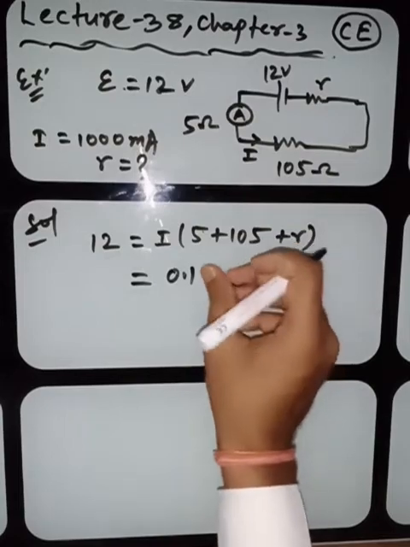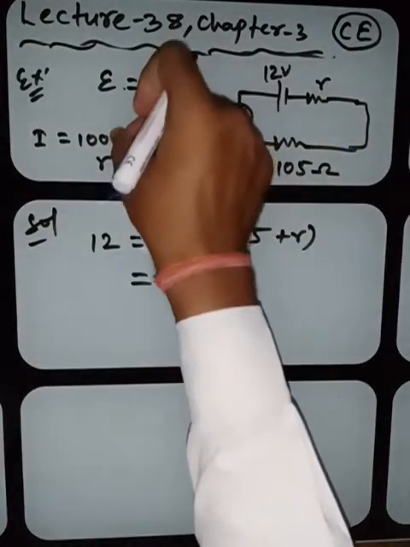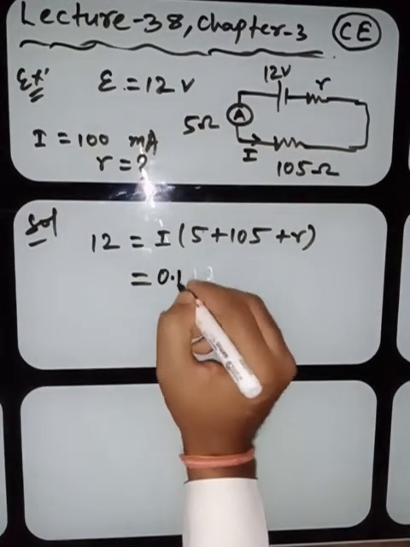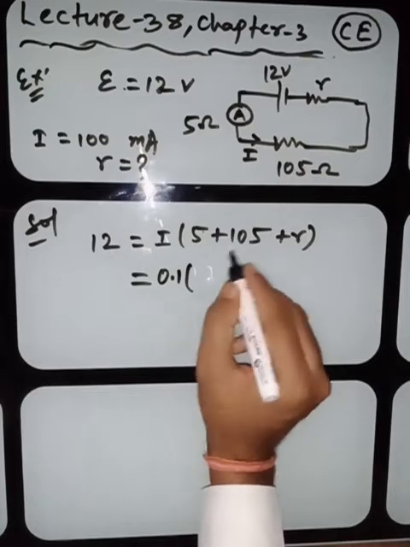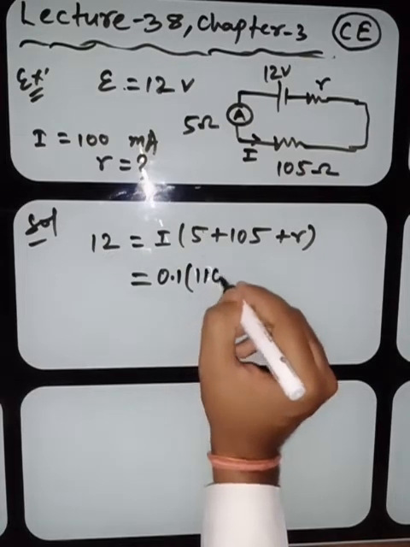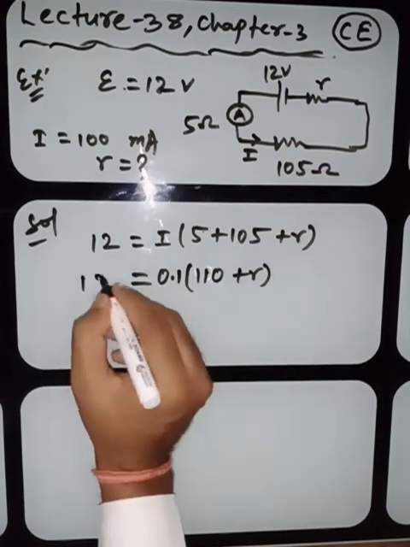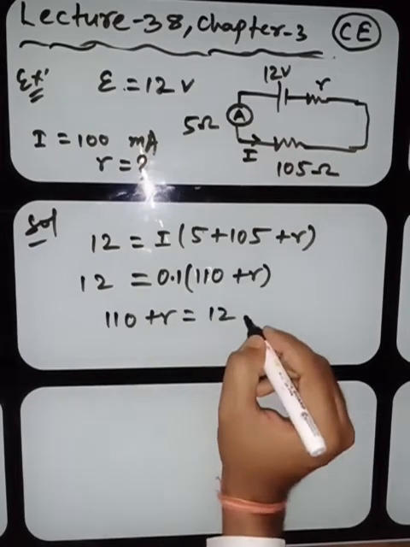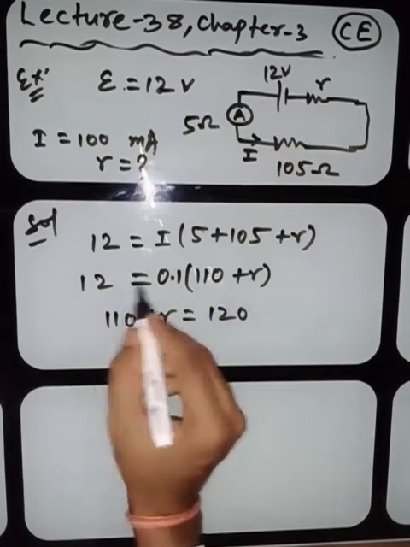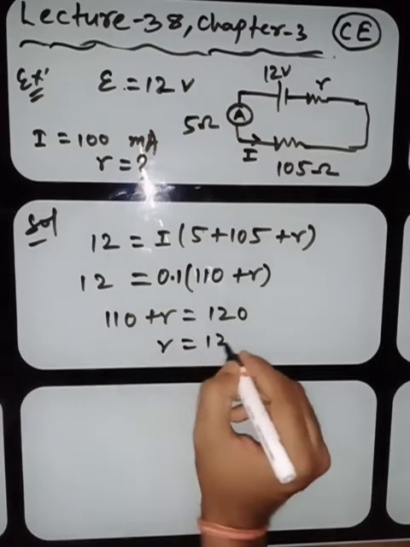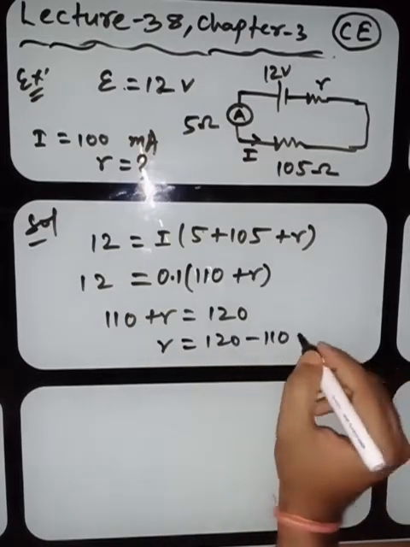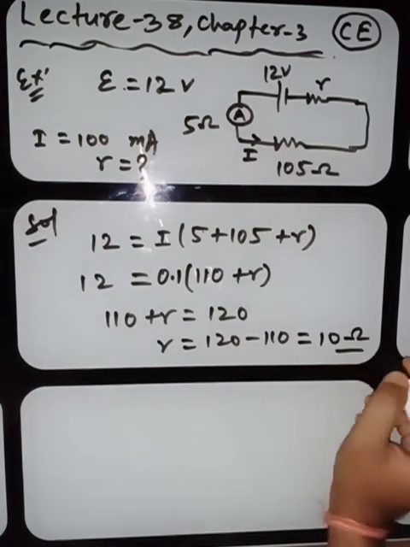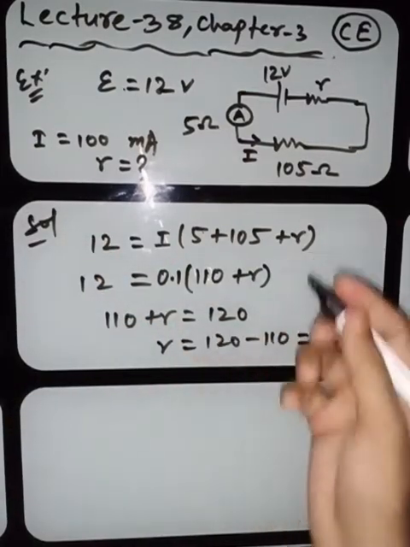Sorry, it is 100 milliampere, so 0.1. So 0.1 into (110 plus r) is 12. So 110 plus r is 12 by 0.1, which is 120. So r is 120 minus 110, which is 10 ohm. Data was given so that you can solve this question easily. In this way you can solve the question.